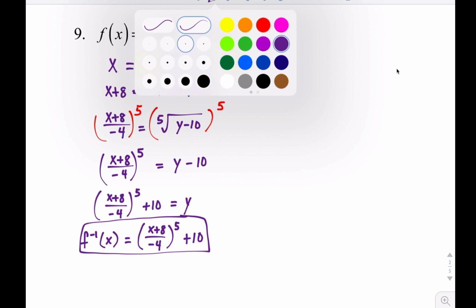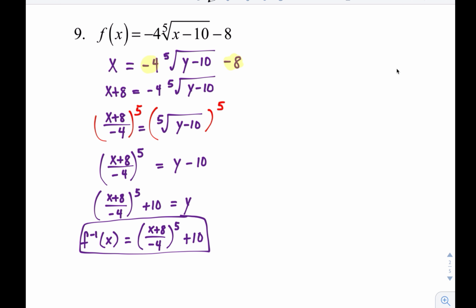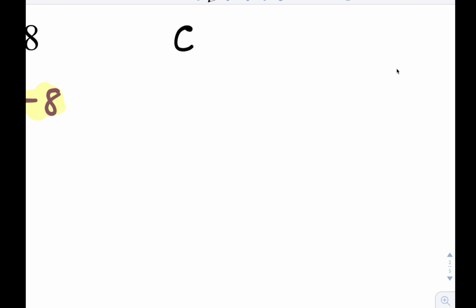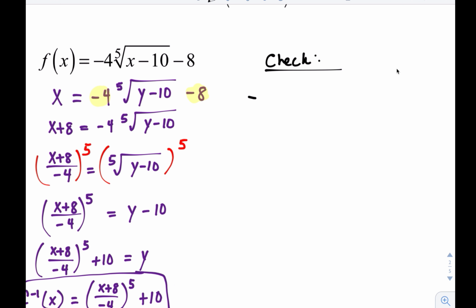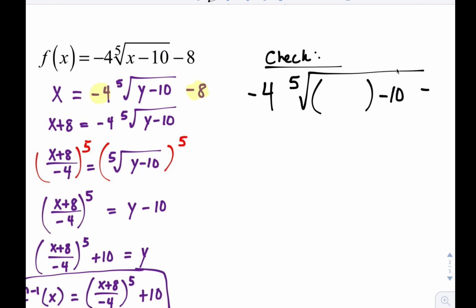Okay, so what I'm going to do now is I'm just going to check it, make sure that I got the right answer. Okay, so I got negative 4 fifth root of x minus 10 minus 8 there.